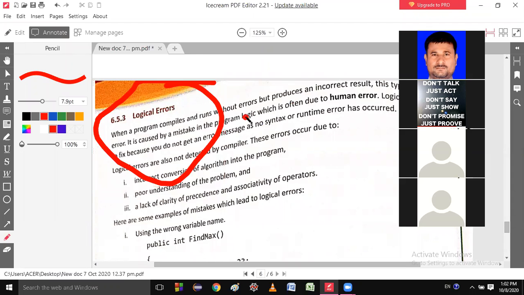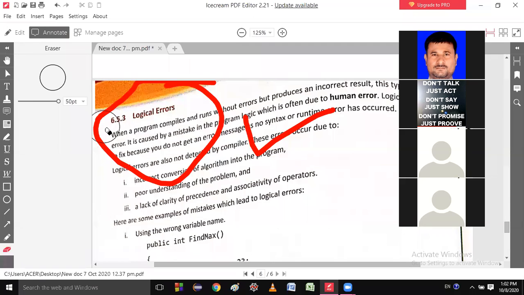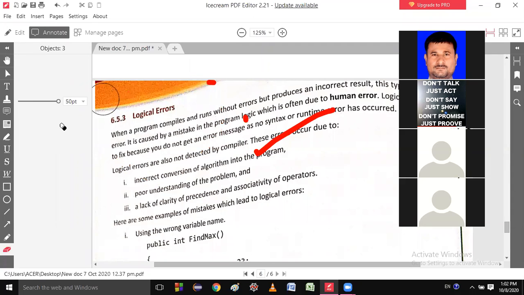Suppose someone says, Saurabh, write a program for adding two numbers, but you have written a logic of multiplying two numbers, then will you get the right result? No. So you will get a wrong result. So this type of error is called a logical error.